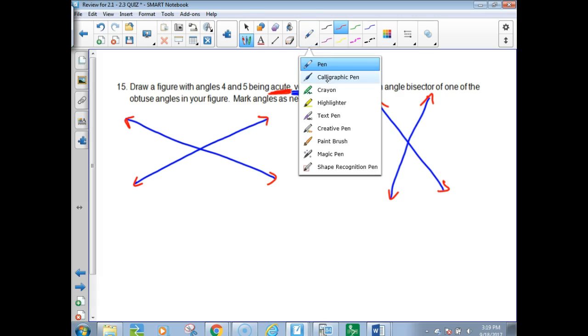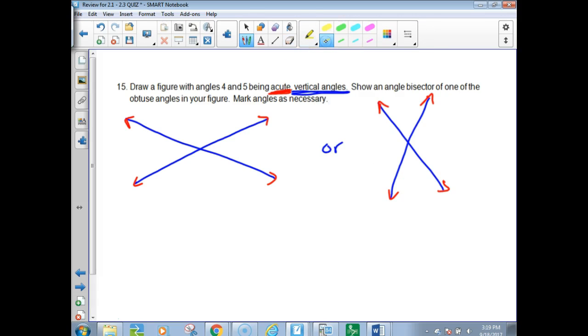Where are the smaller ones? On this picture, it's on the left and the right. And on this one, all right, perfect. That's what I need you to know. Okay, now I'm going to label those 4 and 5, and then I'm going to do the next part. You don't have to have both these pictures. You just have to have one of them, okay?